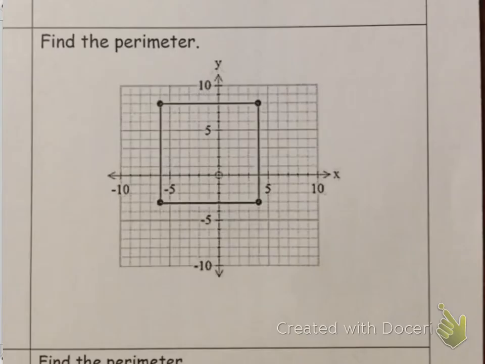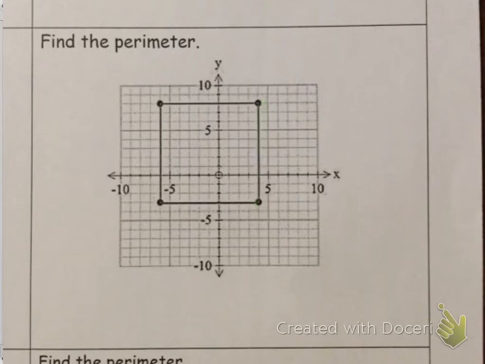All right, finding the perimeter, this time we're on a coordinate plane. I love it when we're on a coordinate plane and we go exactly along one of the directions that the axes go, because that way we can count it. You can see each little movement from one point to the next point, and we can count it.